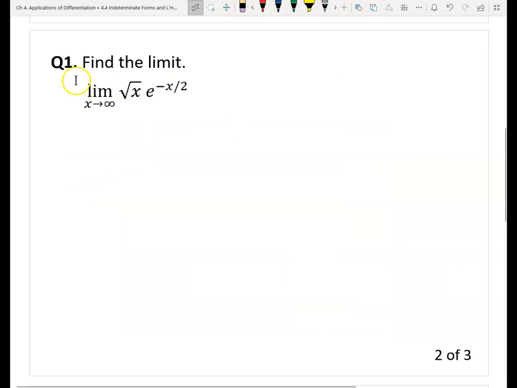Here is the first question. We have to check if this product is an indeterminate product or not. Let me go to see. The first, square root of x, of course approaches infinity. The second is an exponential function.